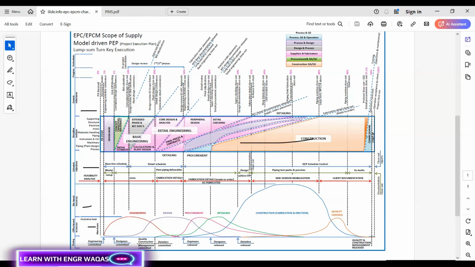And then the construction. Within construction, obviously you need to see what kind of detail engineering there is. As per this detail engineering, you need to carry out construction, but keep one thing in mind: your procurement and your construction should be aligned and pre-planned, so that your construction date should not be disturbed.